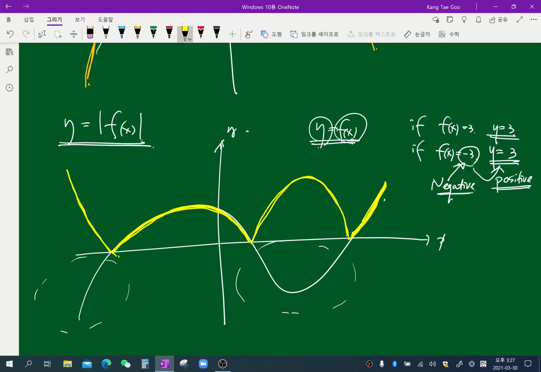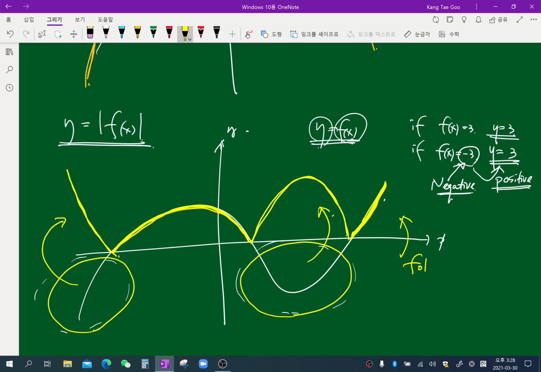It's different from copying, because we are just bringing this part and this part up here, so I call this a fold up. Once we have the absolute value sign on the entire function f(x), we need to fold up whatever portion of the original function is underneath the x-axis. We just fold up.